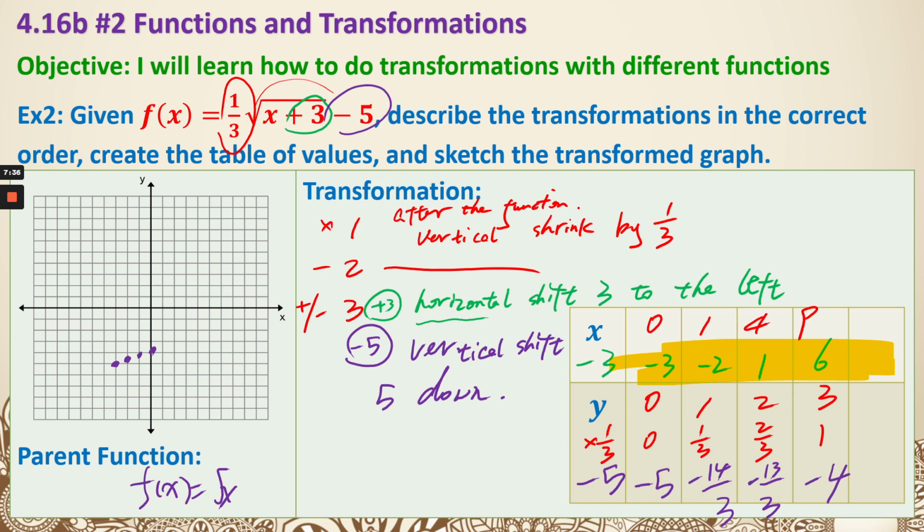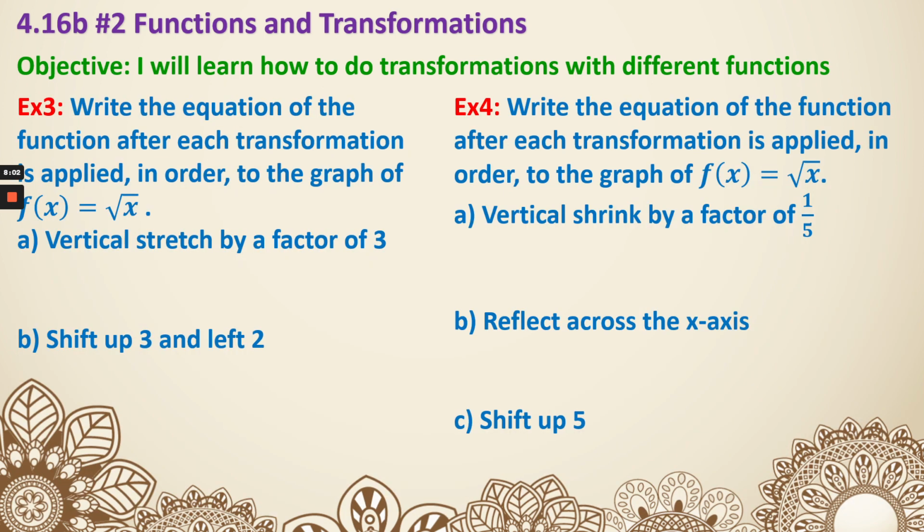And that one is right there, and it's at 1. And the last one is actually at 6. So there's my actual graph. It's a curve like that. Okay, there we go. Next, example 3.